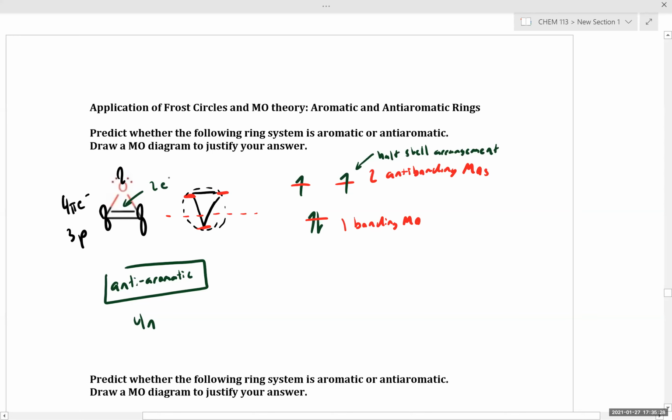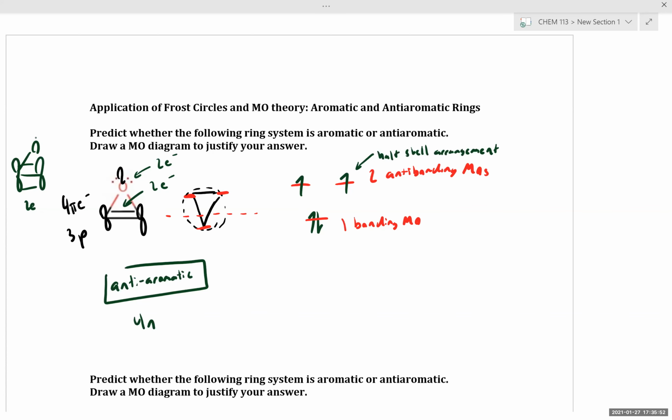So for this molecule, we have 2 electrons from our pi bond, and then 2 electrons from our conjugated lone pair. We notice that we have 2 electrons that are shared, and those are shared as part of our pi bond.